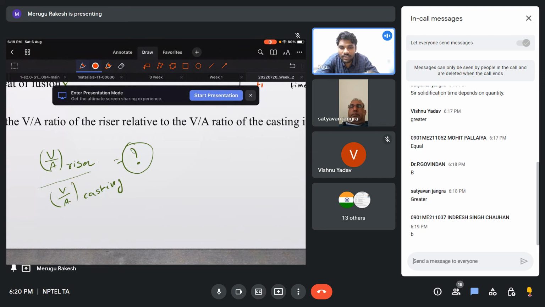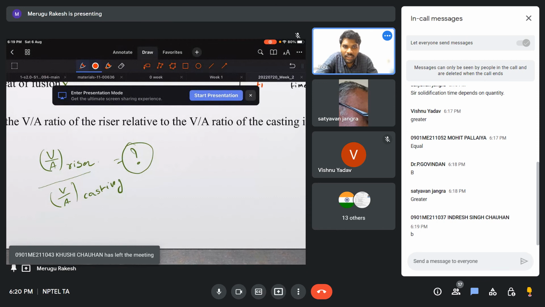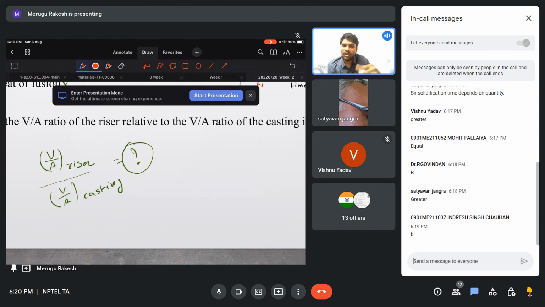We have this liquid shrinkage, so we need some metal to be in liquid state, and that will be contributed by the riser. So the riser should be the last one to solidify. That is the main goal of the riser. So it should be greater, not greater or equal, otherwise it will solidify along with the casting. No, it should solidify after the casting is solidified.